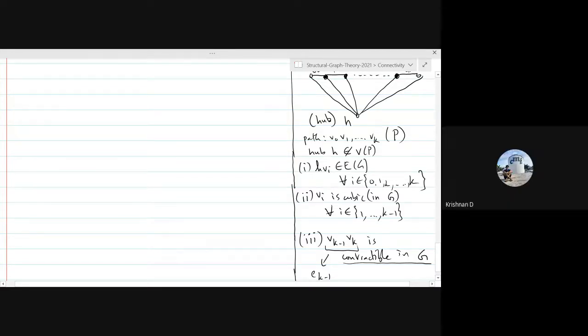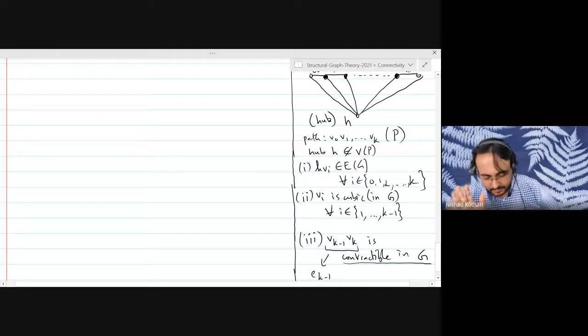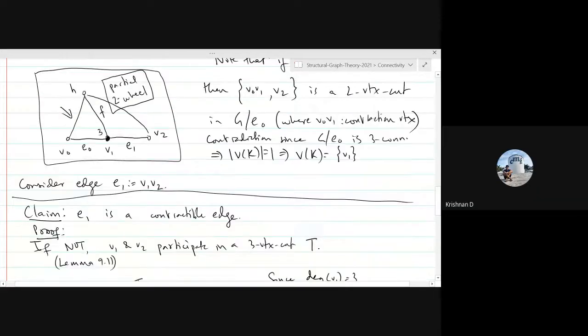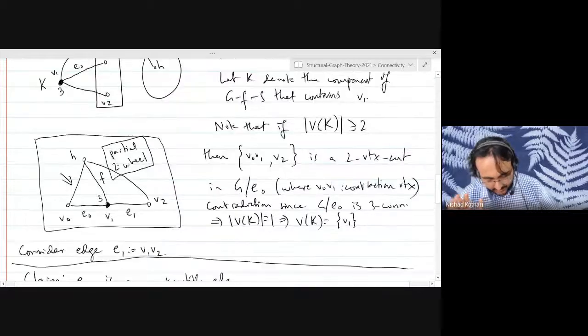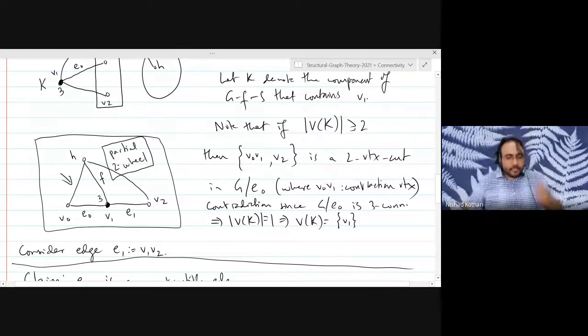Okay. So we have a partial two wheel. Everybody agrees this is a partial two wheel.